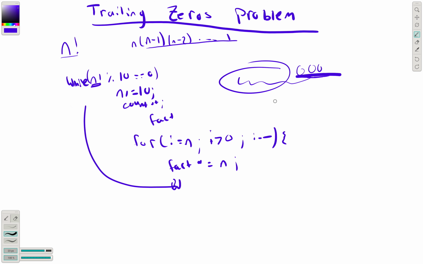Because when you multiply stuff like this, you will always get in the first 3 spots, if you do your multiplication, 3 zeros and perhaps more. So that's why you can do that, but you can't really do it because again you're going to go over the int max.